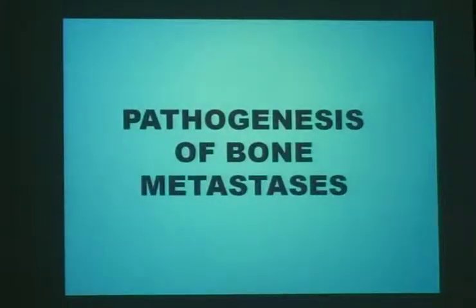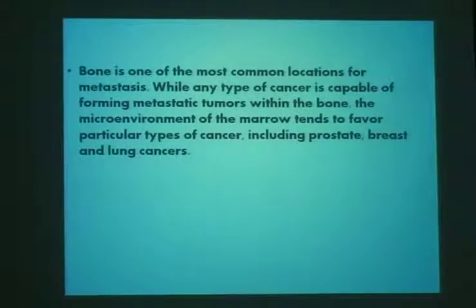Now we are going to just shed light rapidly on the pathogenesis of bone metastasis. Bone is one of the most common locations for metastasis. While any type of cancer is capable of forming metastatic tumors within the bone, the microenvironment of the marrow tends to favor particular types of cancer, including prostate, breast, and lung cancer.